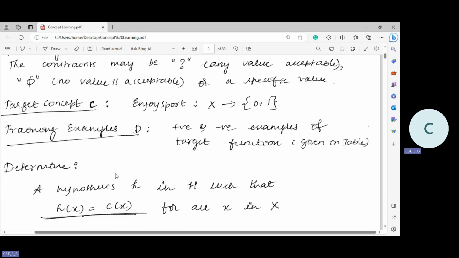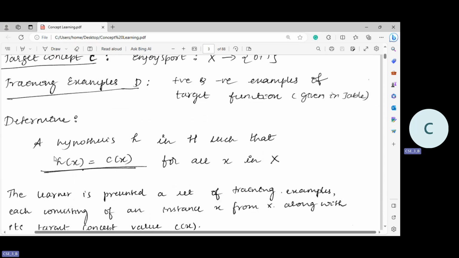So now let us understand how we are able to go through this problem. Let us determine a hypothesis H in the hypothesis space such that H(x) equals c(x) for all x in X. It indicates that we are going to find a hypothesis that best fits all the training examples.